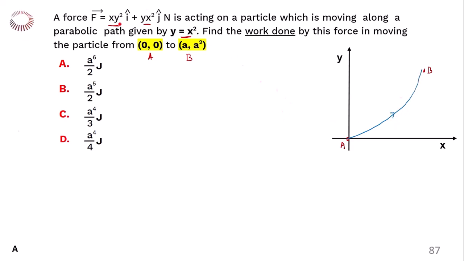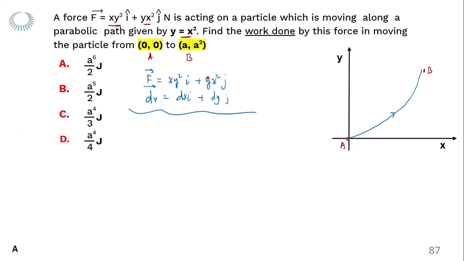I am moving this particle along this path under the force F vector, given as xy² i plus yx² j. This is the variation of the force. Similarly, here also I should take dr vector as dx i plus dy j. Now what is the work done?